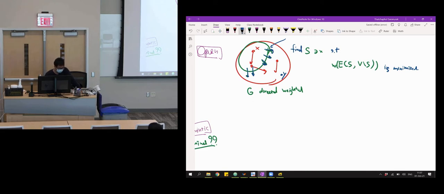It turns out that if you want to compute this, then clearly n max flow is enough, just by taking x and computing directed max flow from x to everyone else. Right? N max flow is known.